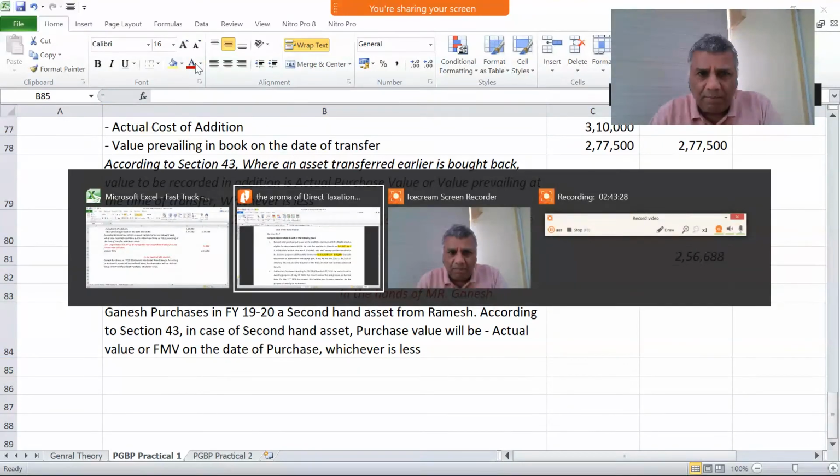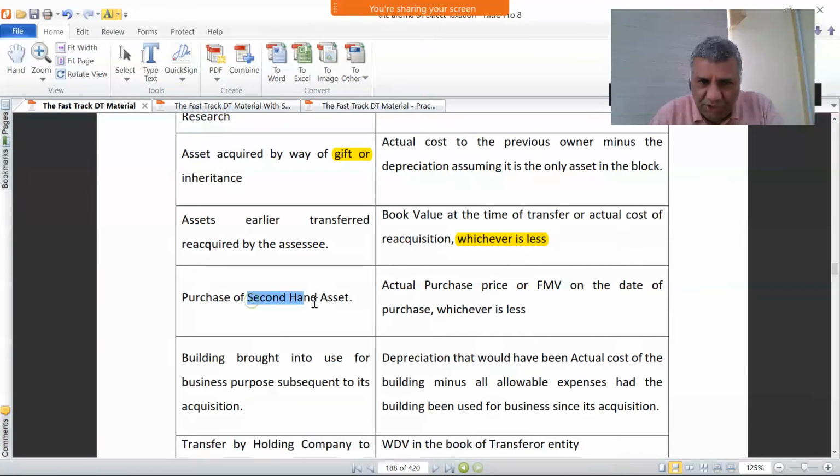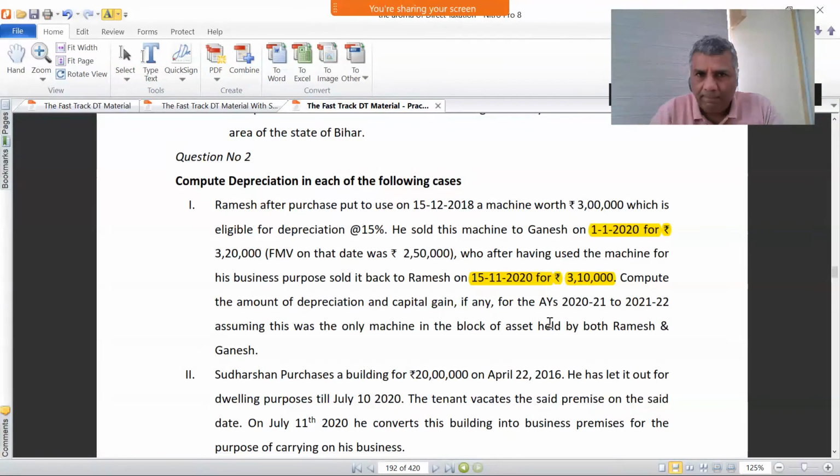Whenever we are buying a second-hand asset, the actual purchase price or FMV on the date of purchase, whichever is less, can only be taken.